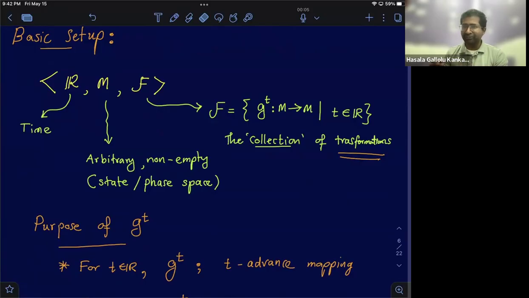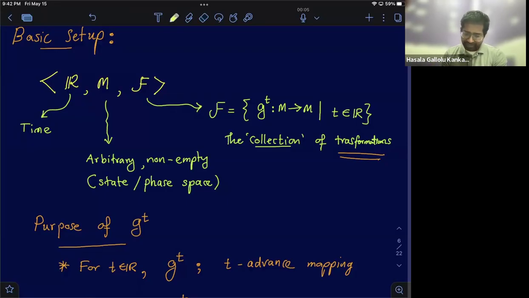If we have dynamics, that simply means there is a time variable that would change things around, or that would be the underlying variable of the change. And then the second component is where we are going to see this change, where we are going to see the dynamics.